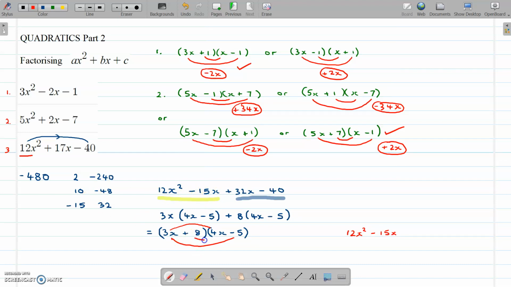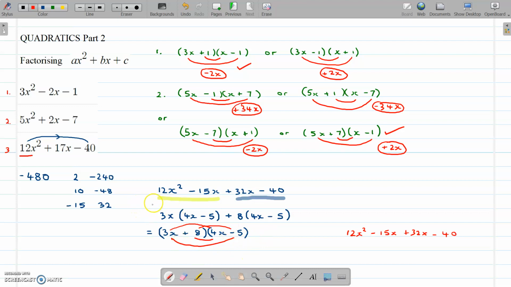Our inner term is plus 32x, and our last term is 8 times minus 5, which is minus 40. When we combine these 2 terms, we go back to our 17x that we started with. So we can see that it works.